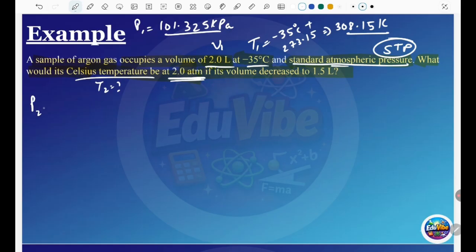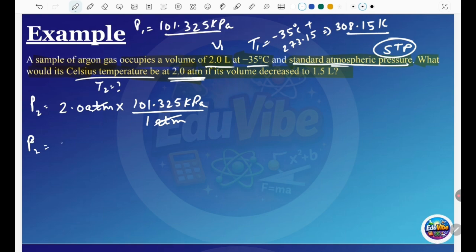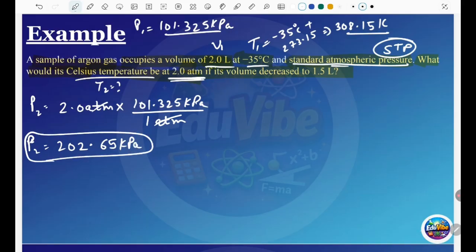So for P2, 2.0 atm times 1.01325 kPa divided by 1 atm. So 1 atm cancels out. You get a P2 of about 202.65 kPa. So you get this in kPa and this is also in kPa, so your units are managed. And the volume decreased to 1.5 liter, which is your V2.